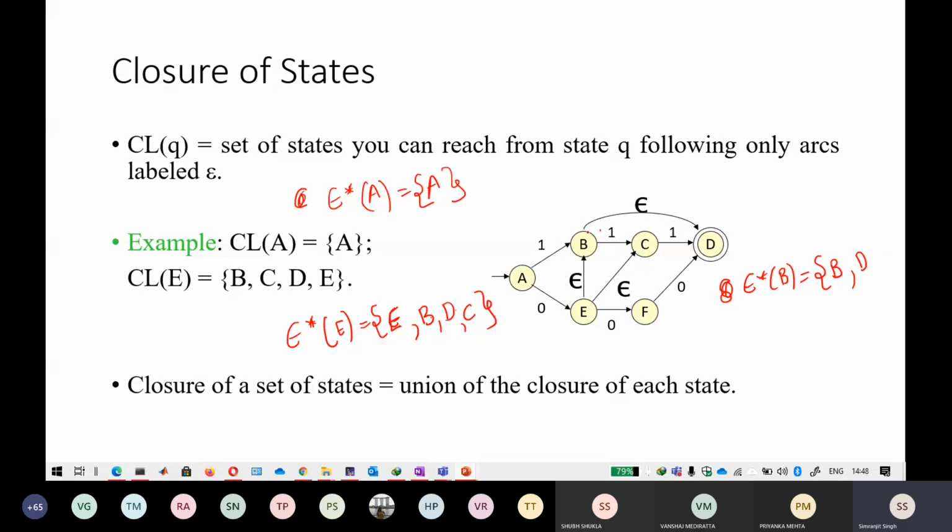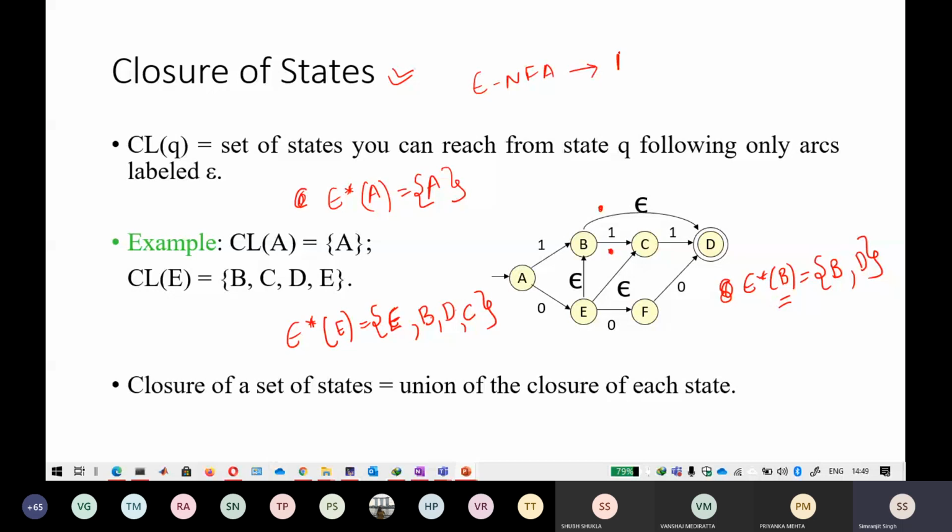After that, no state is reachable from D. Only one epsilon is defined here, so D will be included. So this is the epsilon closure of B here. I think most of you will get what I'm saying here. So this is the foundation step to convert any epsilon-NFA to a simple NFA.